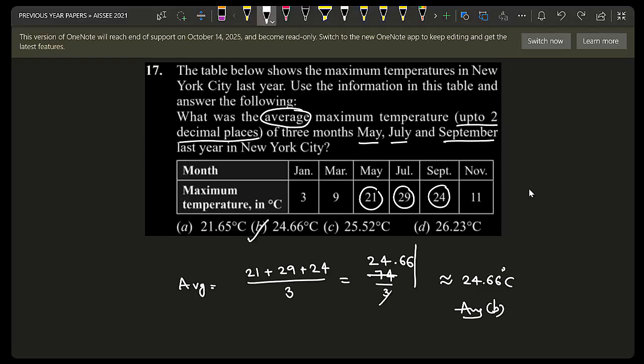You can use the tricks in the exam, but every time it may not work because if there are two options which are close to 25, then you'll get confusion. But here 25.52 is somewhat farther from 25, so you might get the answer. If the options have distance between them, you can do that. But if they are very close, then you must use the formula. Okay. Yes sir. We'll move to the next question.